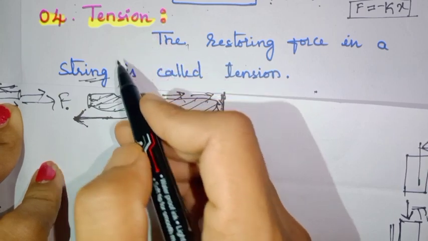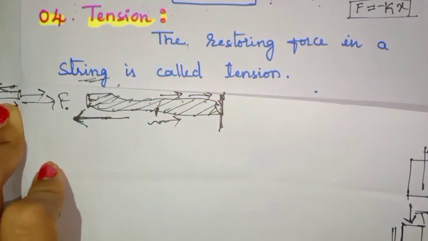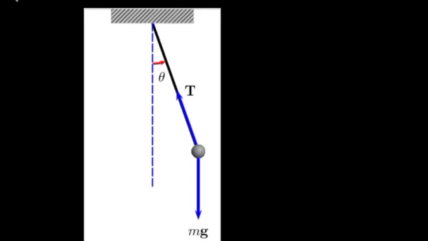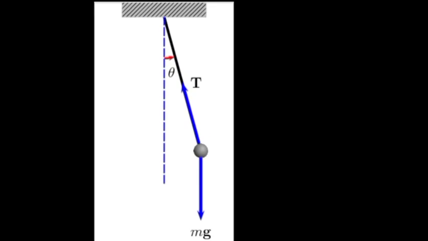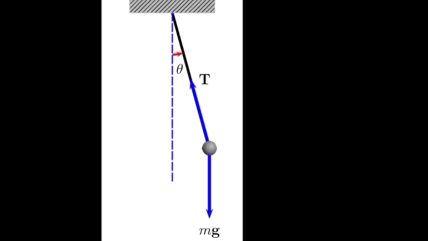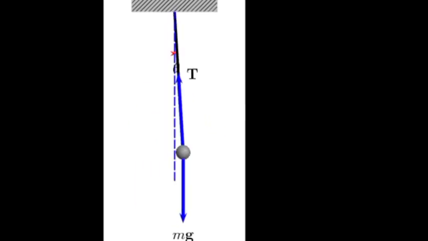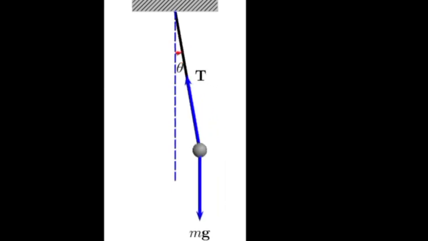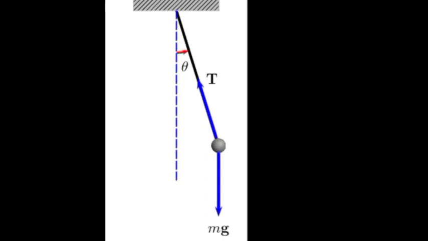I'll show you an animation so that you will get an idea. Here you can observe clearly a bob which is attached to the string applying a force in the downward direction, which is known as mg. In reaction to that, the string is applying a force in the opposite direction. You can observe the arrow marks. One arrow mark is upwards and the other arrow mark is downwards.